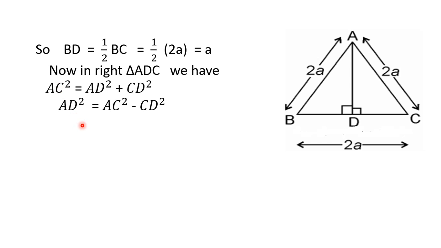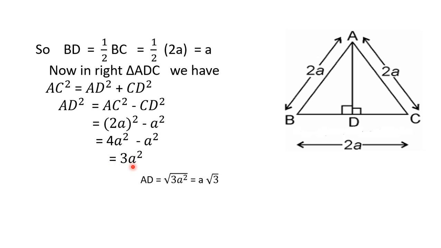Now put the values of these sides. AC is 2A, squared, and CD is A square. So we get 4A square minus A square. So 4 minus 1 is 3. So we get AD square is equal to 3A square. Taking the square root on both sides, we get AD is equal to under root 3A square, which is equal to A under root 3.